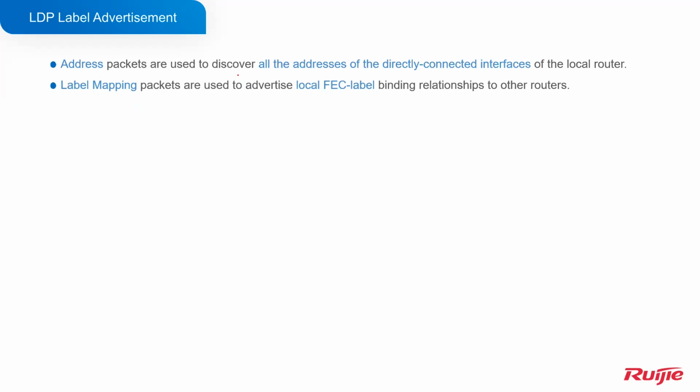That means in our IP routing table, we have lots of routes, right? And each route we call a FEC. I will assign one label for each route. And this label relationship, I also will advertise to my neighbor. And this is a label mapping.